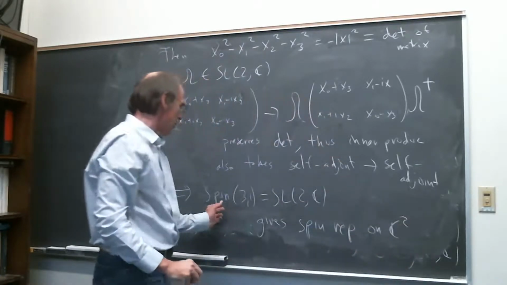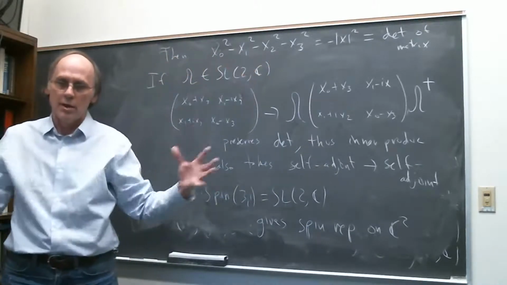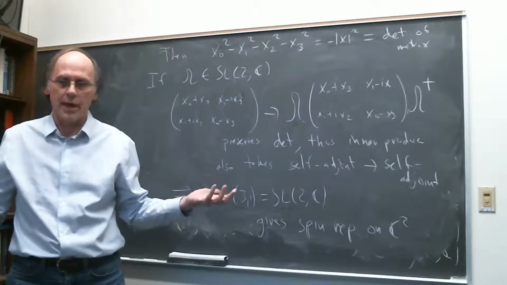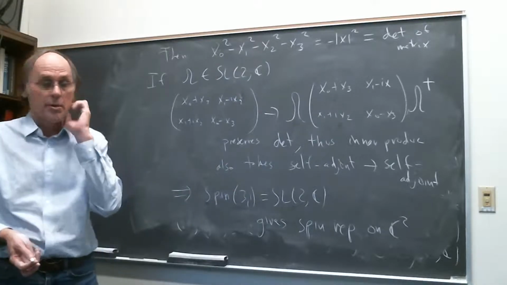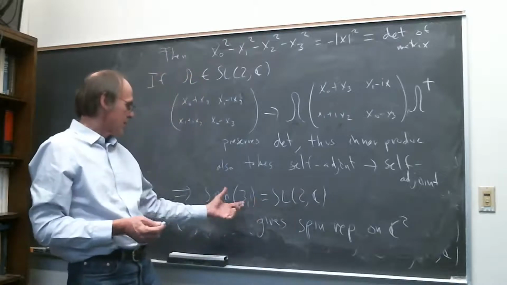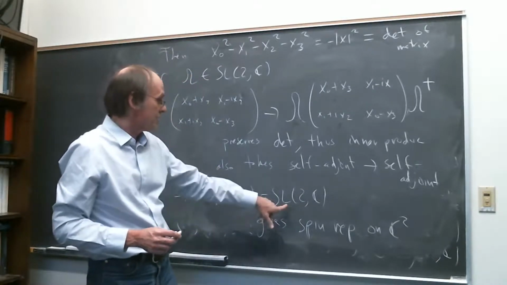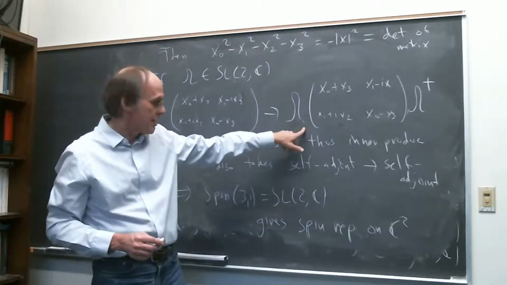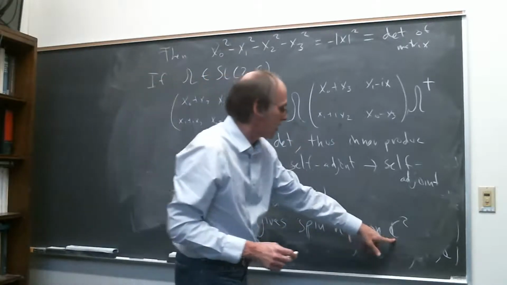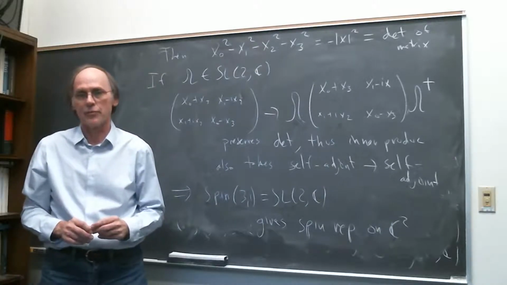If you just think about SO(3,1) as these 4 by 4 matrices, you can't see the spin representation. But if you think of these Minkowski space rotations as being SL2C doing this, then you can see that these guys are also going to act on C2, and you're going to have the spin representation. Okay.